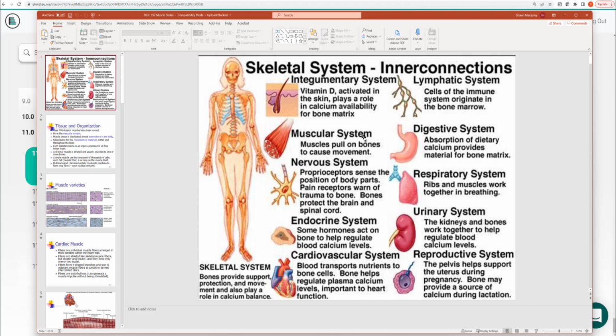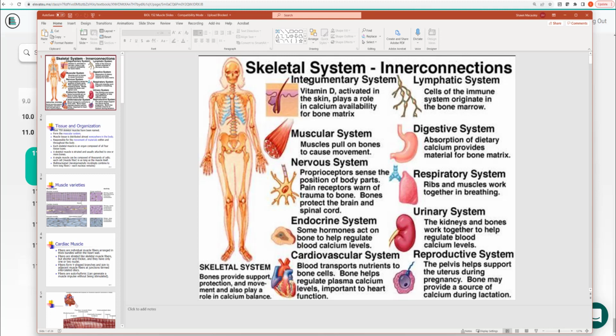So here is a slide which shows us some connections between the skeletal system and a number of other systems. This is not an exhaustive slide. There are many other examples. Let me go through a few of these. So we have learned that the skeletal system stores calcium. And calcium is important not only for bones, but also for many other things like muscles in the nervous system.